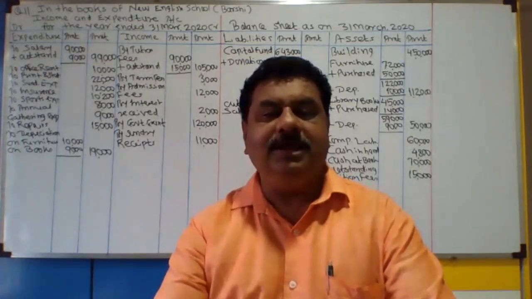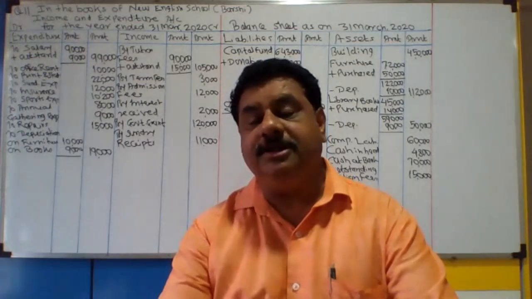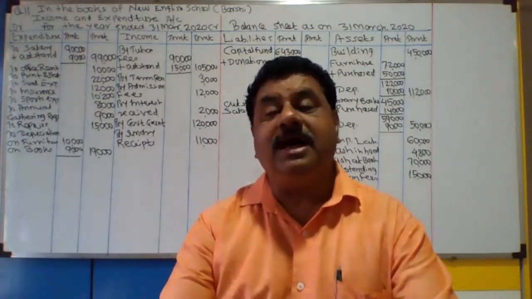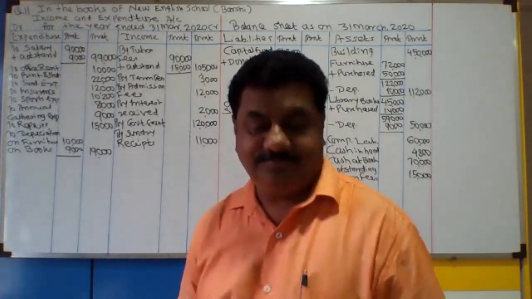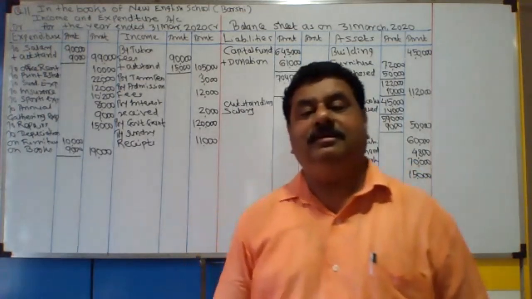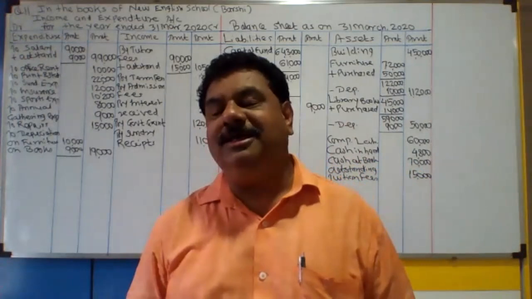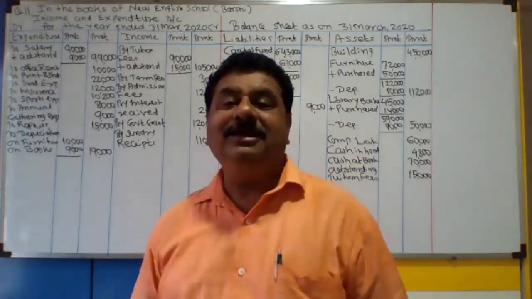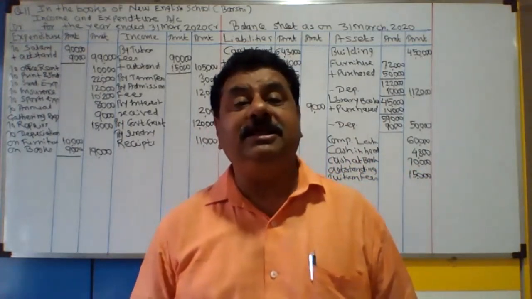I taught you in 11th standard, the first chapter, the last concept I explained to you. Materiality, not a materialism. It is not conservatism, by the way. Materiality. The name of concept is materiality.